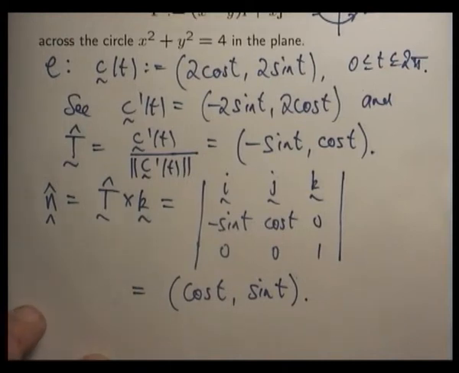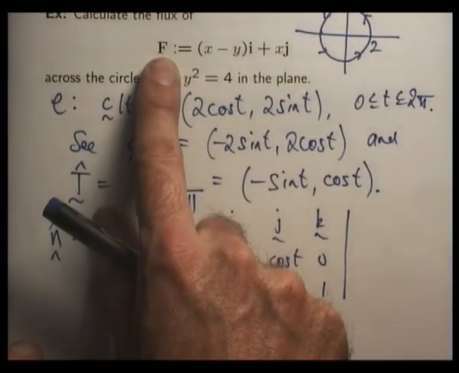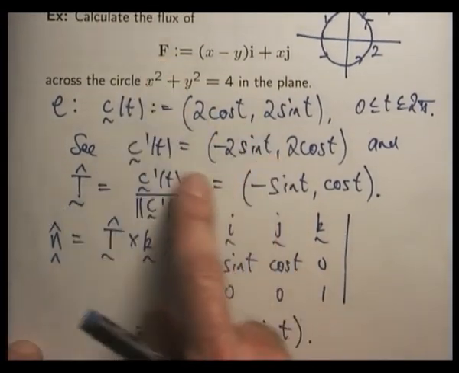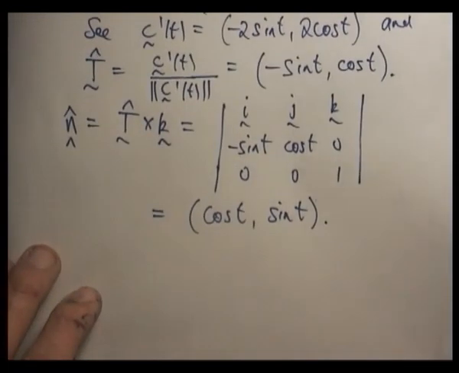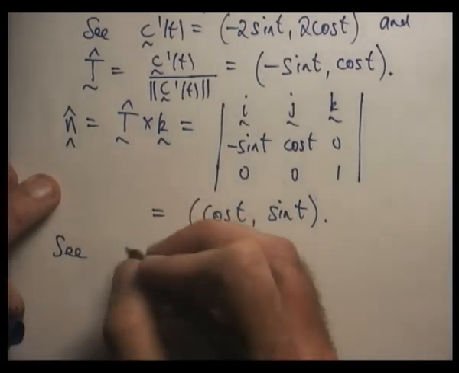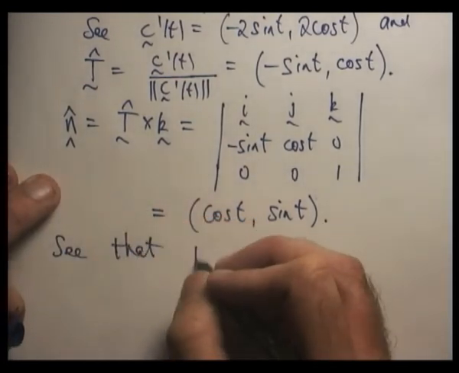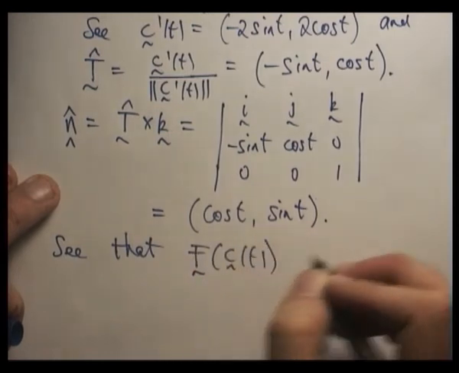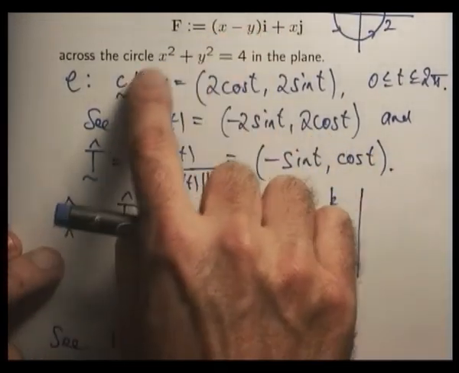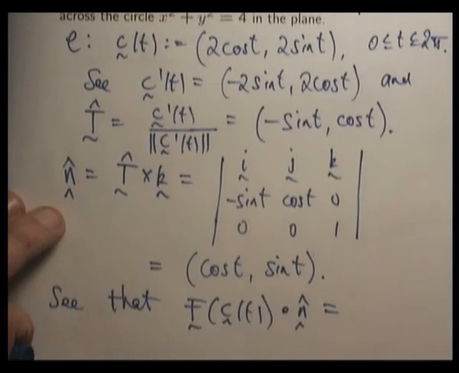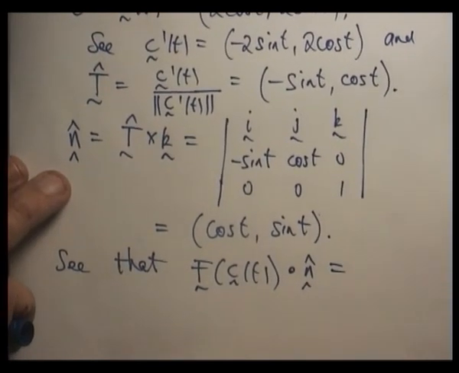So what do we need here? We need F evaluated along our parameterization, dotted with our outward pointing unit normal. We want to integrate that around our curve. So F evaluated along our parameterization is going to be something like this.